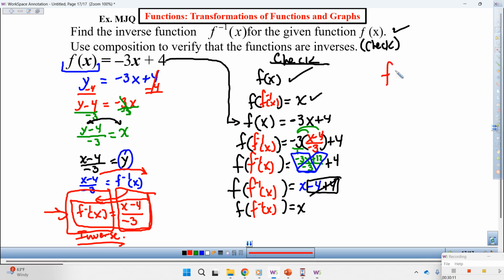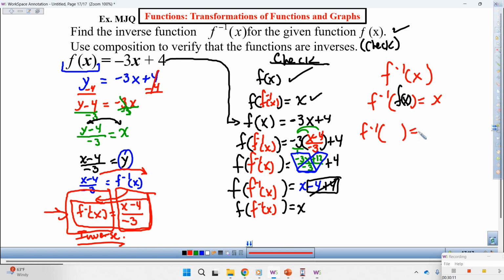Look up. Now we're going to start with f inverse of x. Write that down, please. So that means we're going to write f inverse of parentheses, and at the end we need to find x. But now we're going to substitute the original f of x in there. So, read me the inverse, Joseph. What was the inverse?